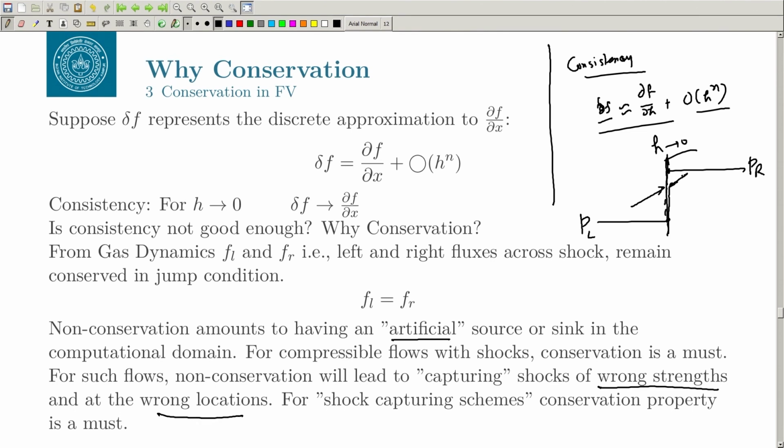So, the shock capturing schemes ensure that the conservation property is obeyed. That is why finite volume is a very good approach if you want to resolve shocks, compared to the finite difference approach, because finite volume by default guarantees conservation.